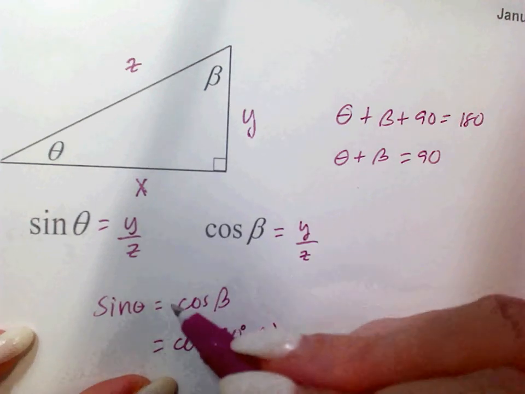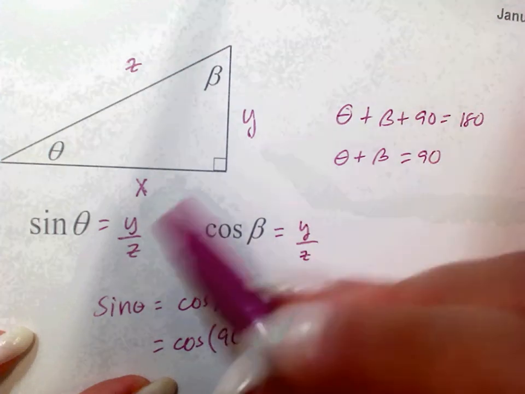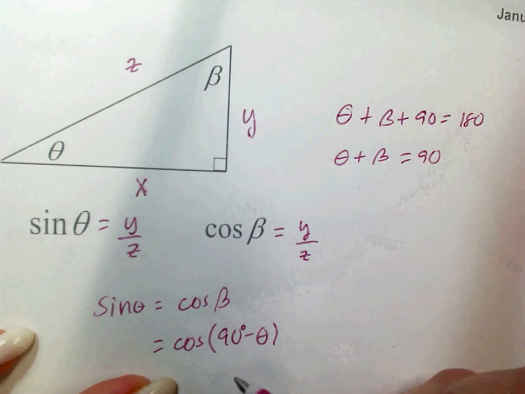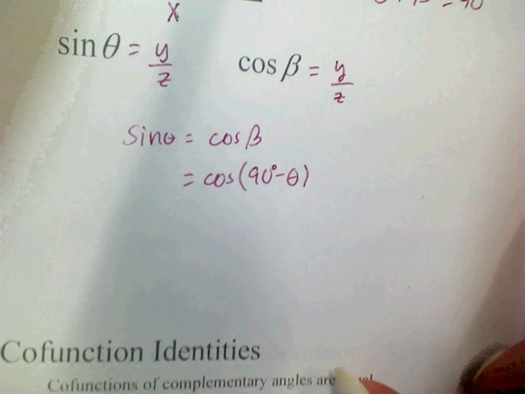So the sine of any angle is equivalent to the cosine of 90 minus that angle because it's just the other angle in a right triangle. So these are called cofunction identities.